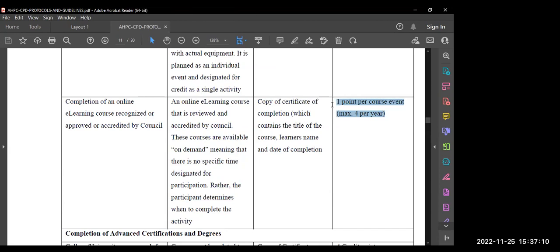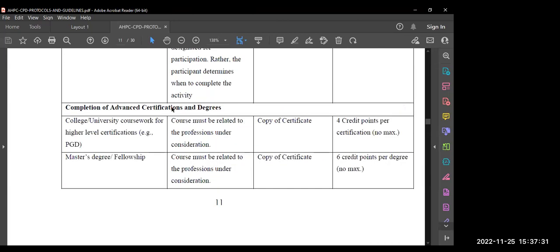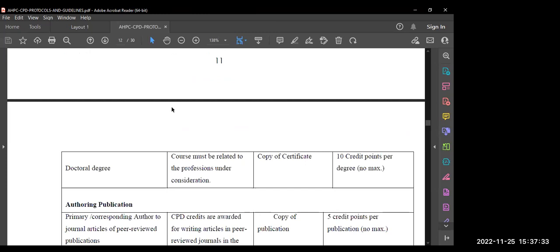And again, the placement in categories depends on the quality or the content or the direction of the training you have had. It is not just that you've done an online activity, so you have done professional thing or you have done category C. No, it's the content that measures that.